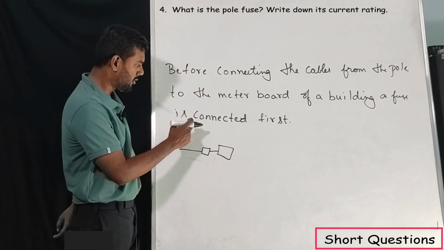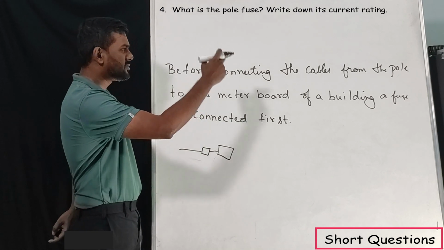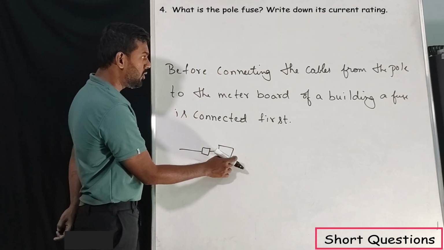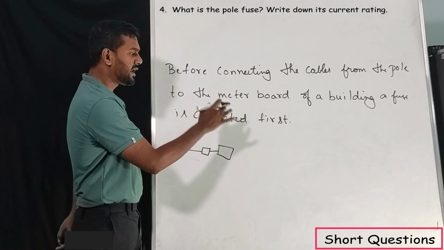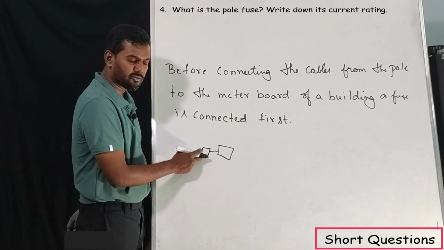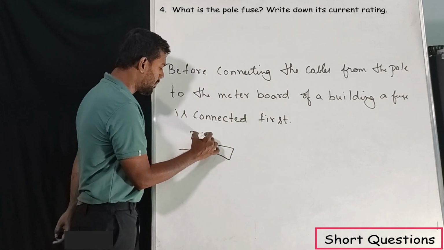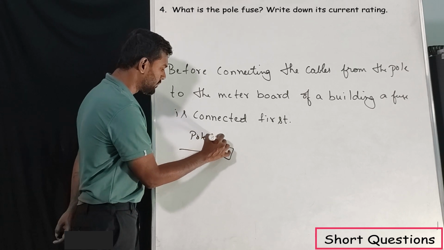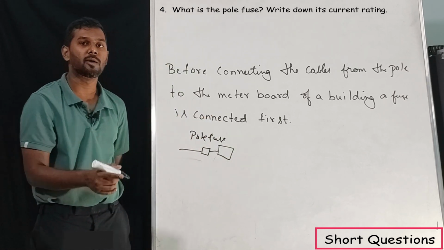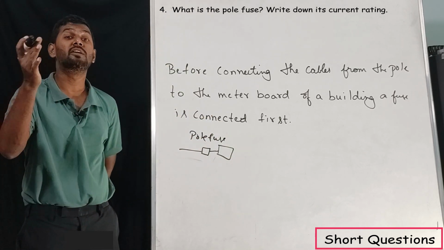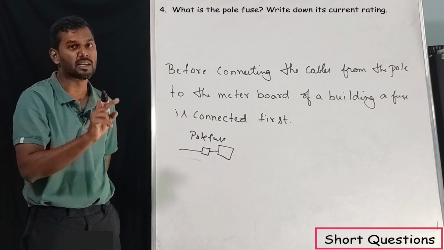Now you understood. Before connecting the cables from the pole to the meter board of a building, a fuse is connected first. This is called pole fuse. This has one more name. It is nothing but company fuse. They can confuse you with any word.